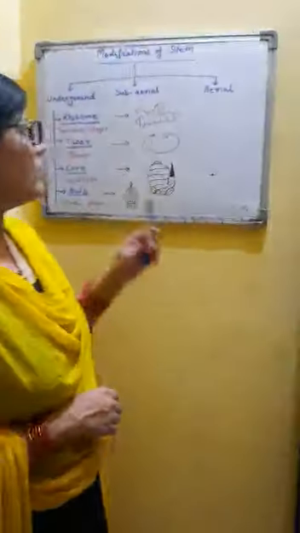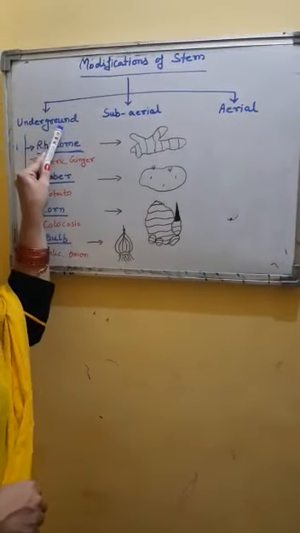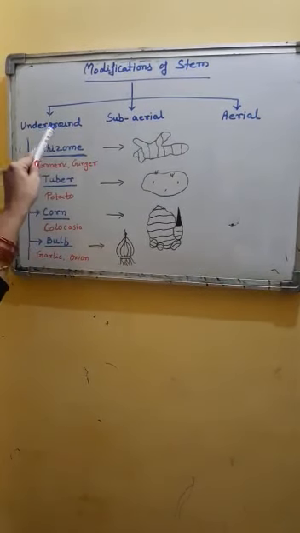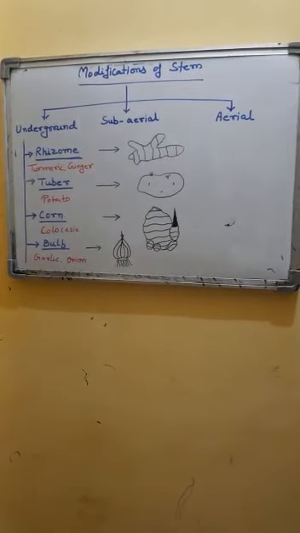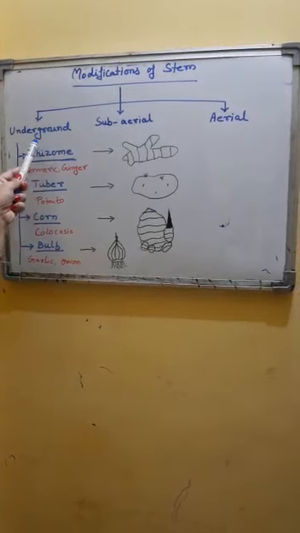The very first type is when stem is modified and grows under the ground. In this case, stem grows under the ground. This modification is basically for storage of food.